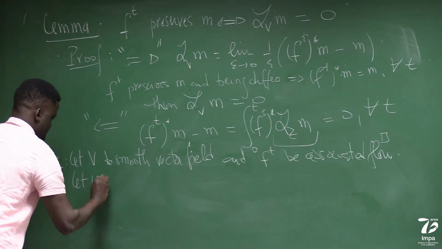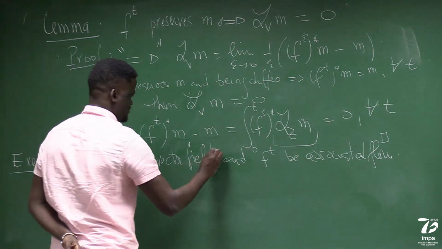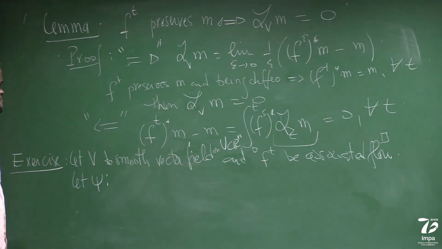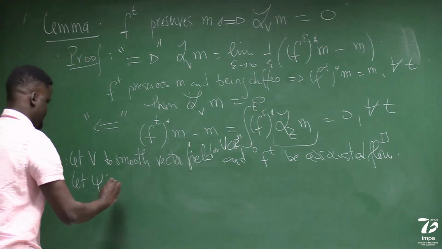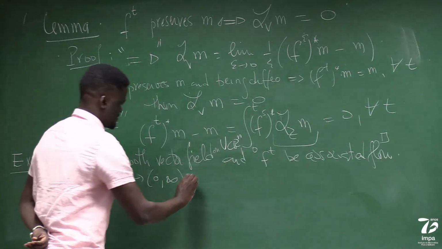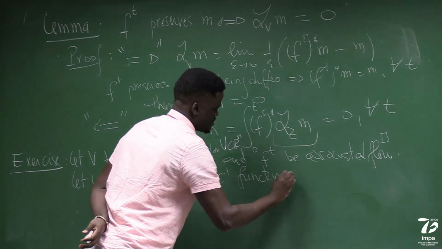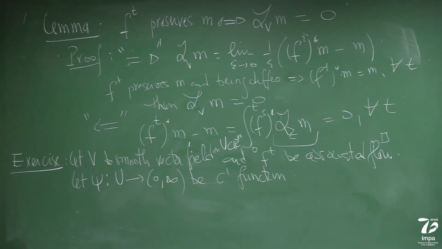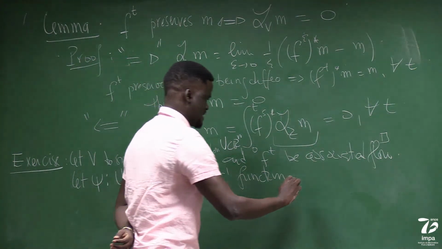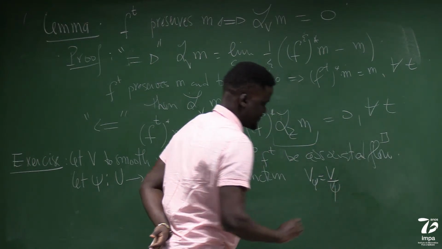So let V be a smooth vector field on U, an open set of R^n. Let phi from U to (0, plus infinity) be a smooth function, or C1 function. And we write V_phi equals V over phi, which is a vector field.